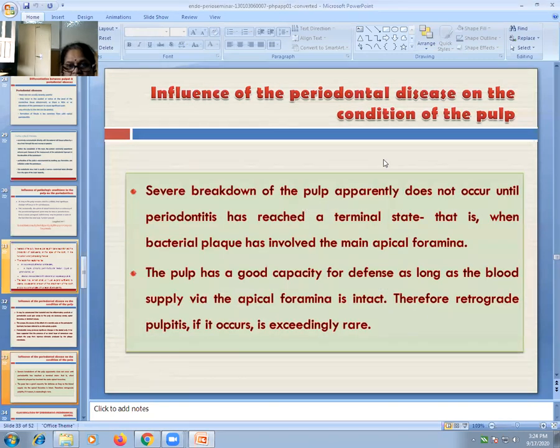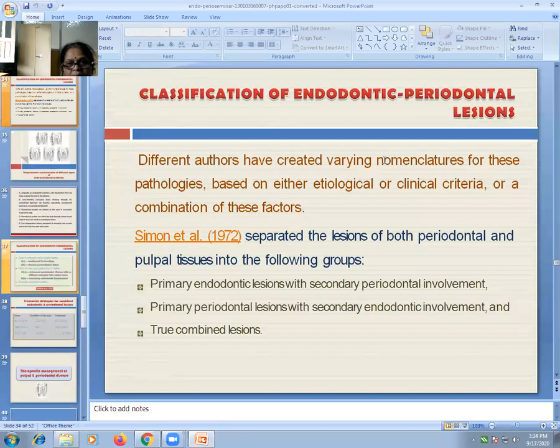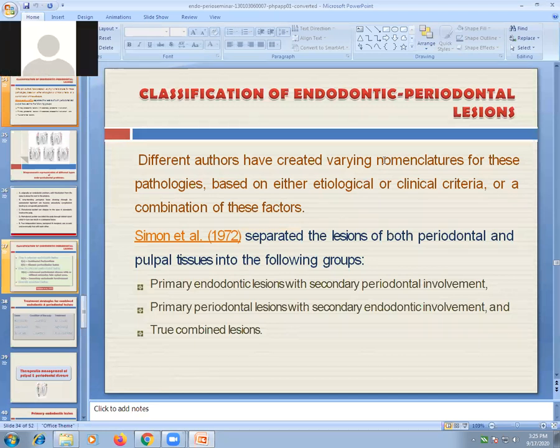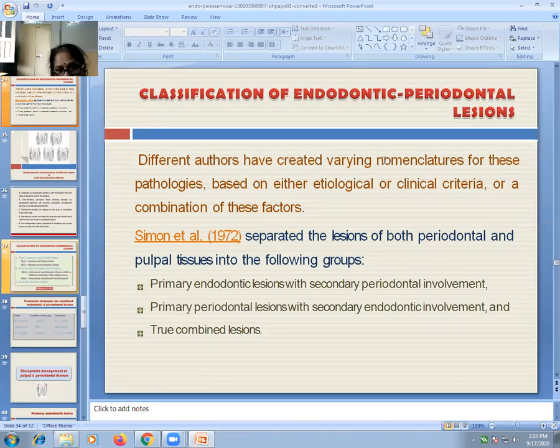So how are the endo-perio lesions classified? Simon, in 1972, classified endodontic and periodontal lesions. The first is primary endodontic lesions with secondary periodontal involvement.